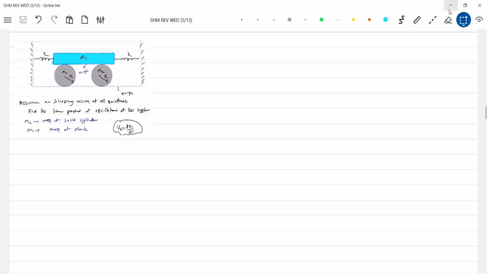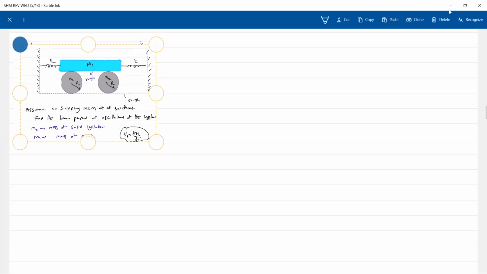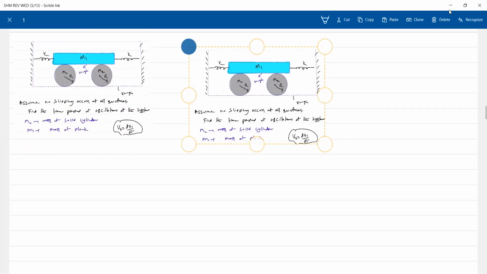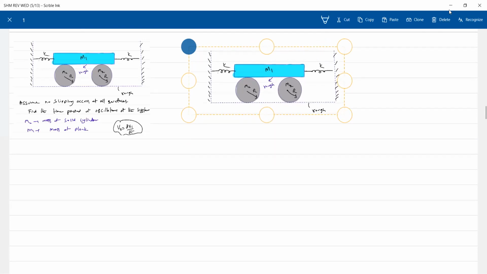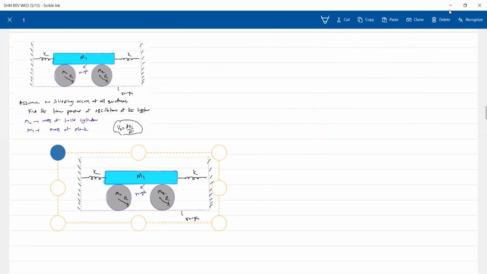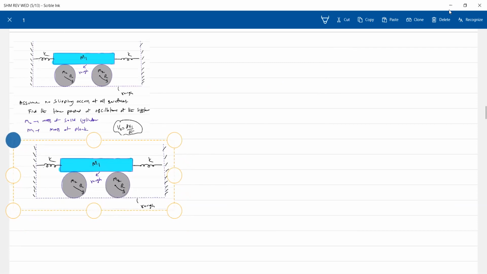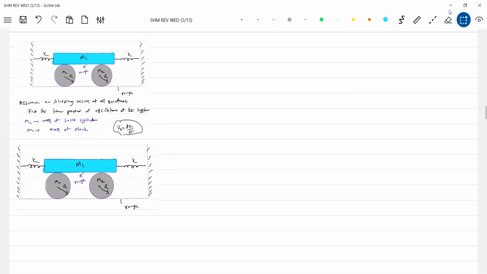So if you take the energy method, let it be displaced by a distance.